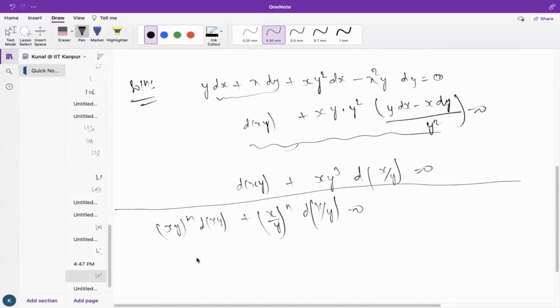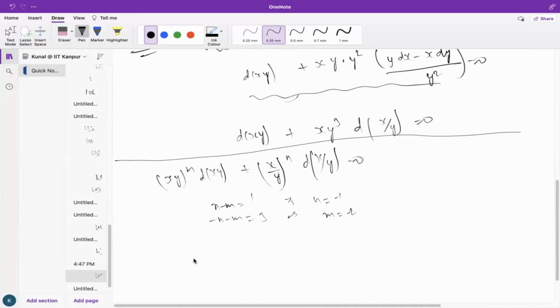Actually, we have n minus m equal to 1 and minus n minus m equal to 3. So from there we get n is equal to minus 1 and m is equal to minus 2. So actually we have to find xy to the power minus 2 d of xy plus x by y to the power minus 1 d of x by y equal to 0.